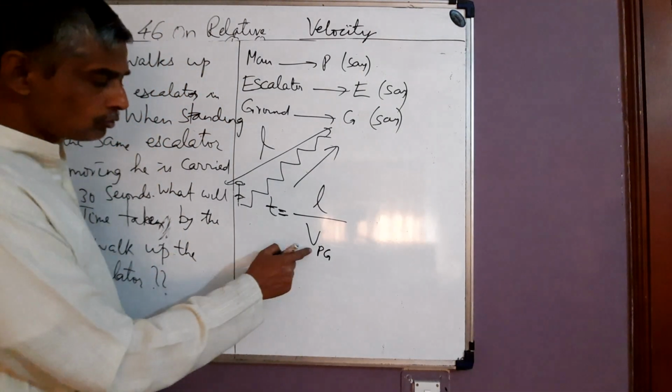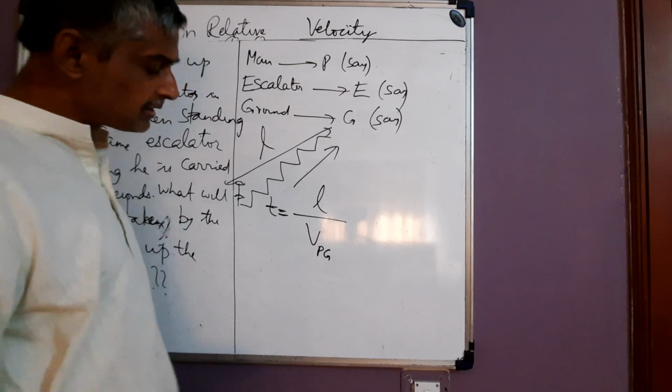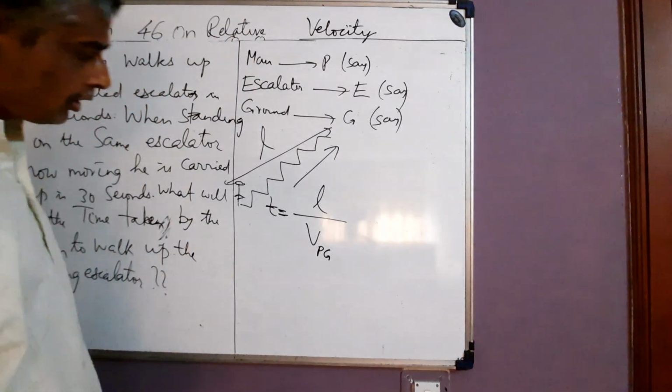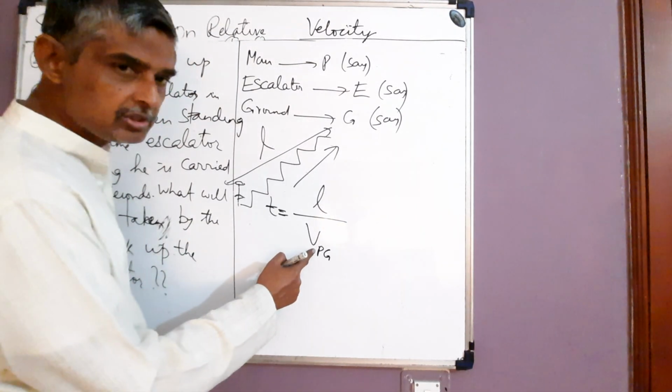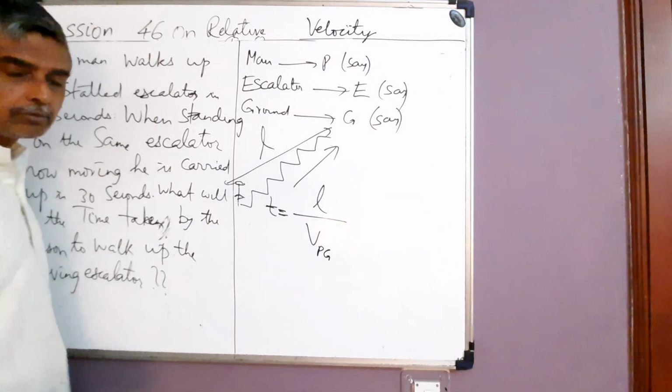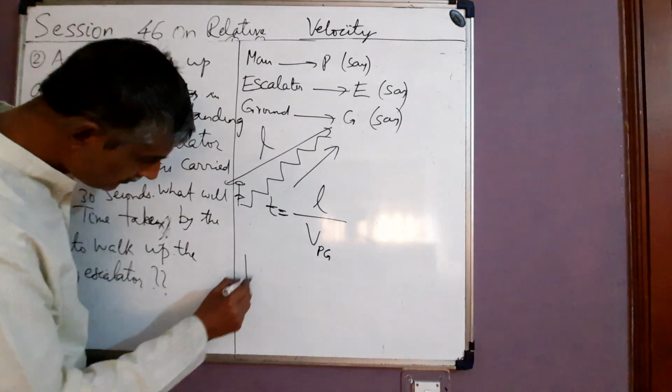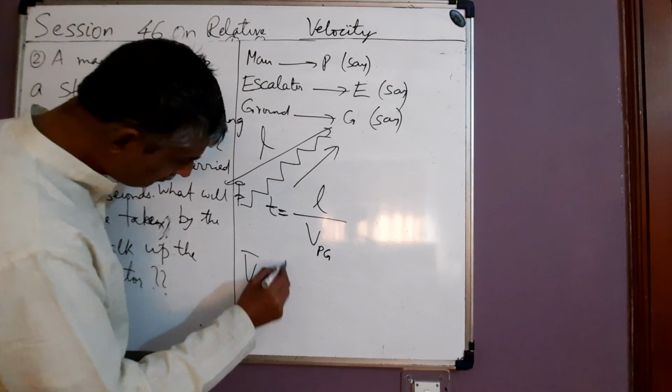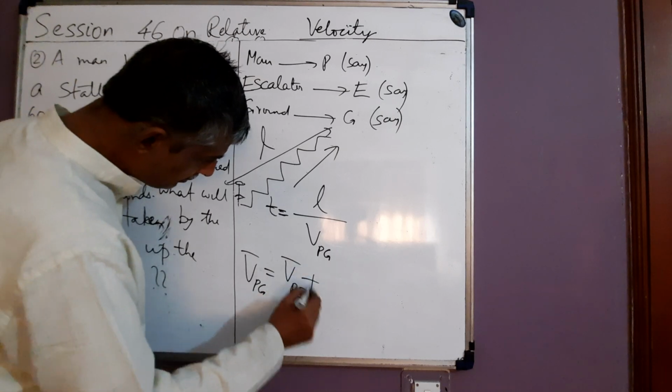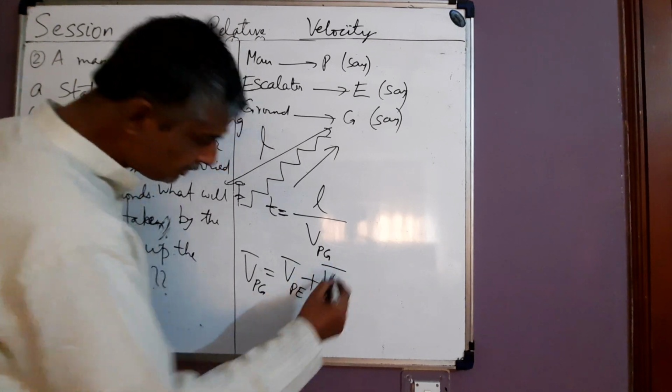Now to find T, we have to know Vpg, the speed of the person with respect to ground. To know Vpg, I write down the vector equation for translating frames. So Vpg is equal to Vpe plus Veg.